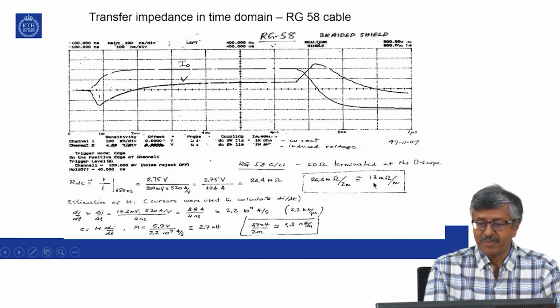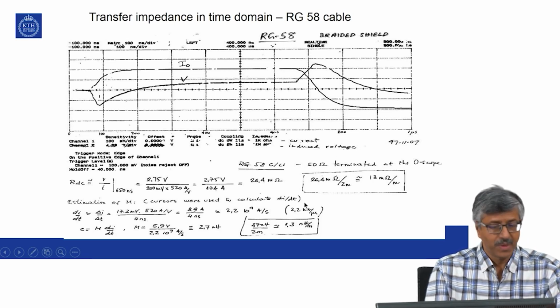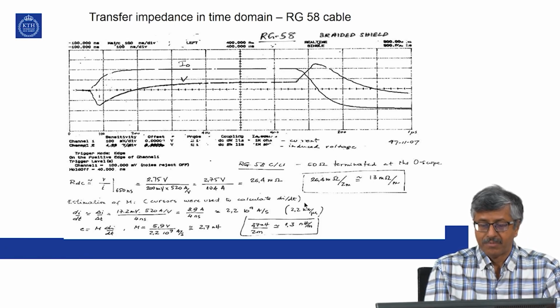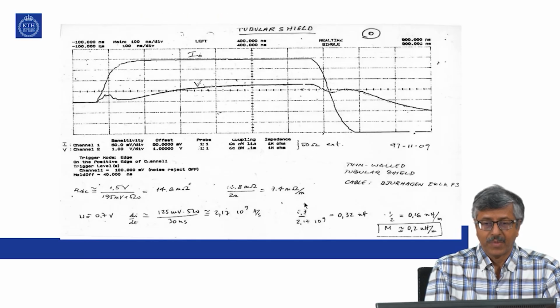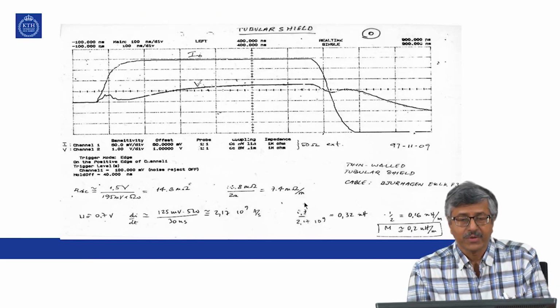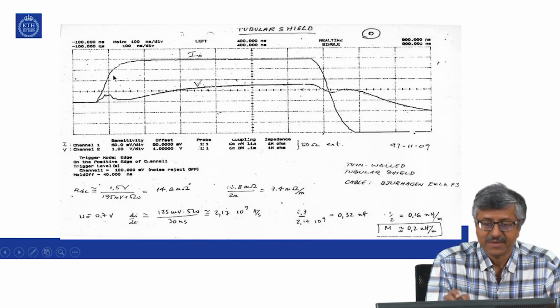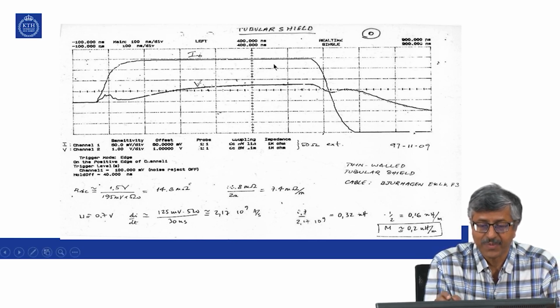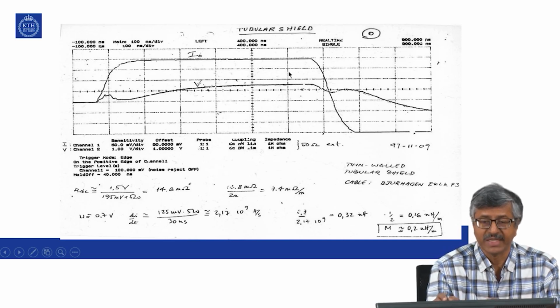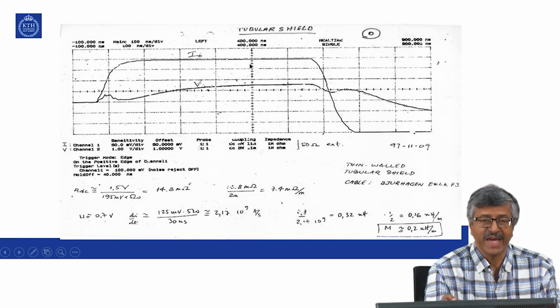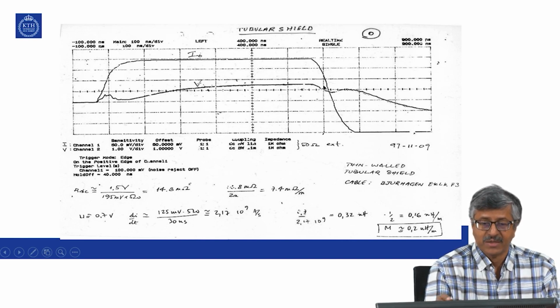Transfer impedance is a combination of both. You can also have tubular shields like that. This is another type of cable having a tubular shield, used in power line installation in wet areas.